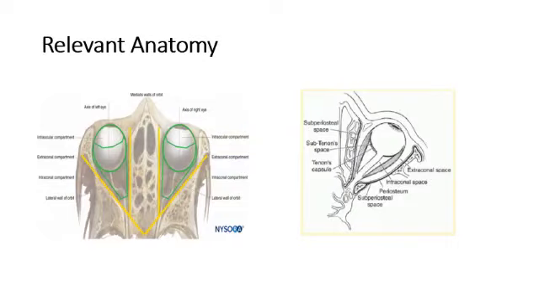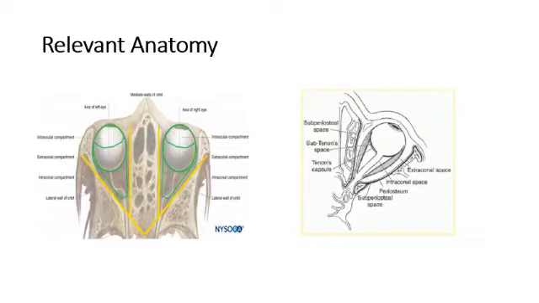And the different spaces of the orbit which are important are the subperiosteal space, which is just underneath the bone, and you have the subtenon space, which is just below the Tenon's fascia, which is covering the globe beneath the sclera. So the space beneath the Tenon's fascia is called the subtenon space.